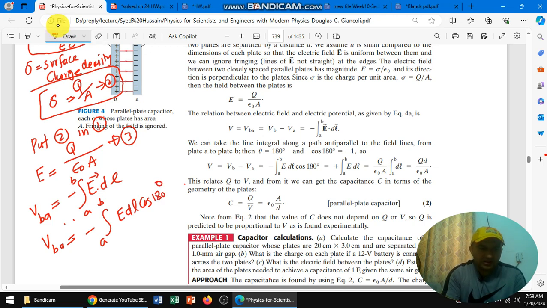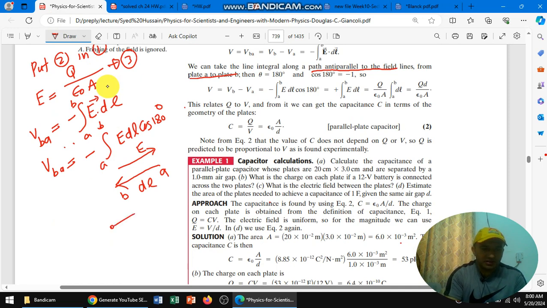Because the line integral is taken from A to B, so dl is taken from A to B, but the electric field intensity is from left to right, B to A. These two vectors are anti-parallel: the electric field is going rightward and the length element dl is going leftward, so the angle between them is 180 degrees.